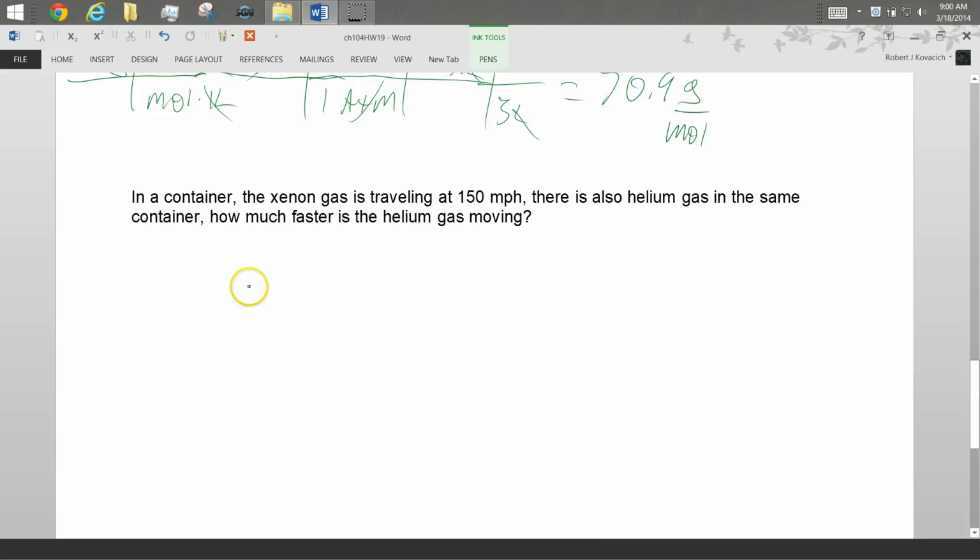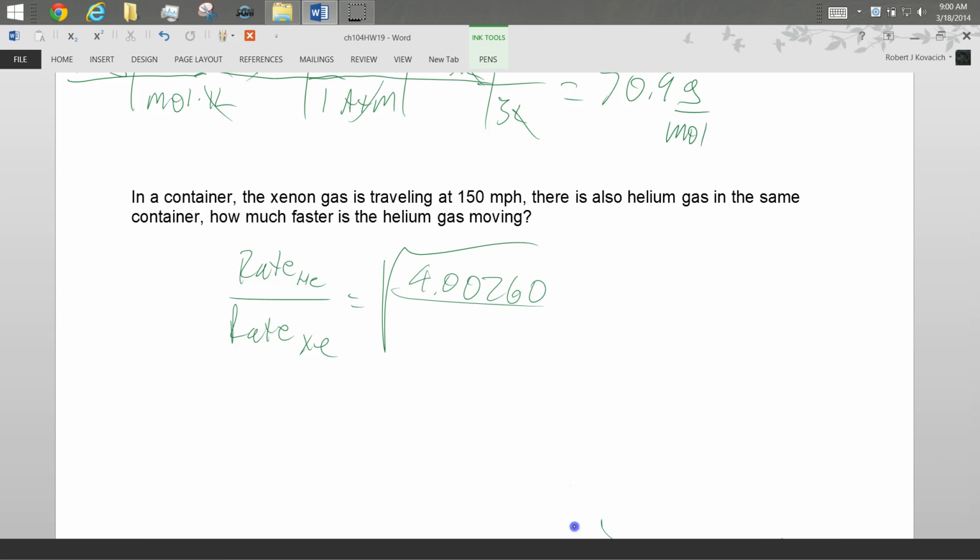Okay, so I'm going to say rate of the helium divided by rate of the xenon. And that's equal to the molar mass of the helium, 4.0026, and the mass of the xenon, 131.29. All right, so let's do this.